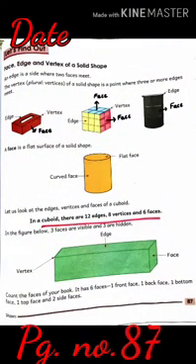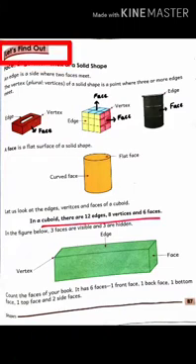Let's find out face, edge and vertex of a solid shape. Now you can see the three figures given, and in these figures it has been clearly shown the edges, face and vertex. Right?